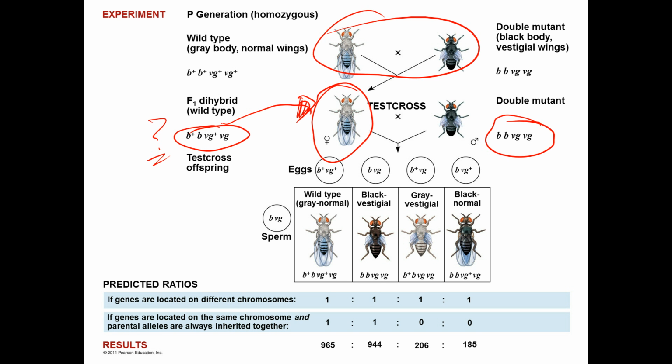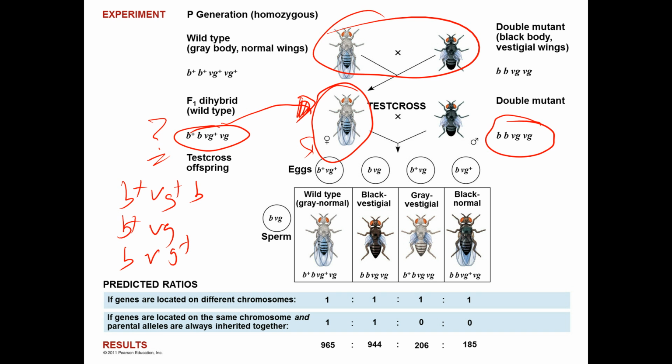So here we get our offspring. Keep in mind the potential gametes of this female fly. You can have black body, normal wings. You can have black body, vestigial wings. You can have gray body, vestigial wings, gray body, normal wings.